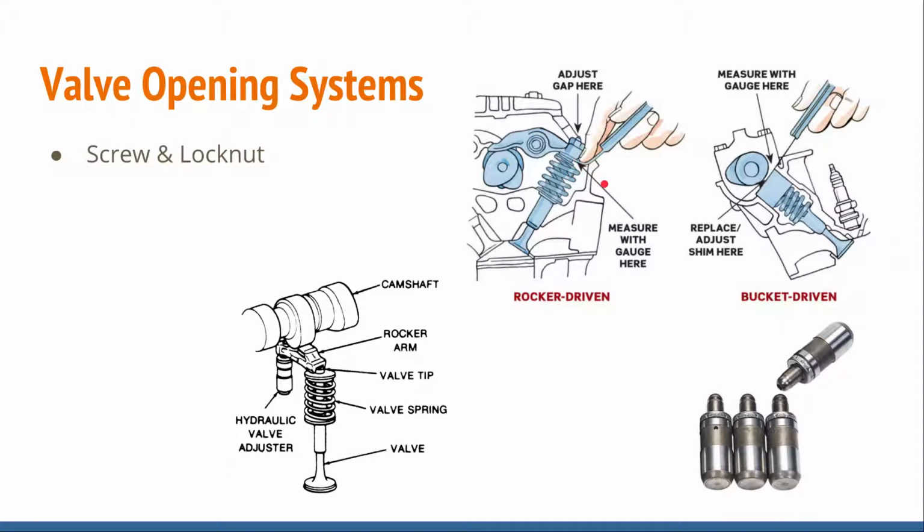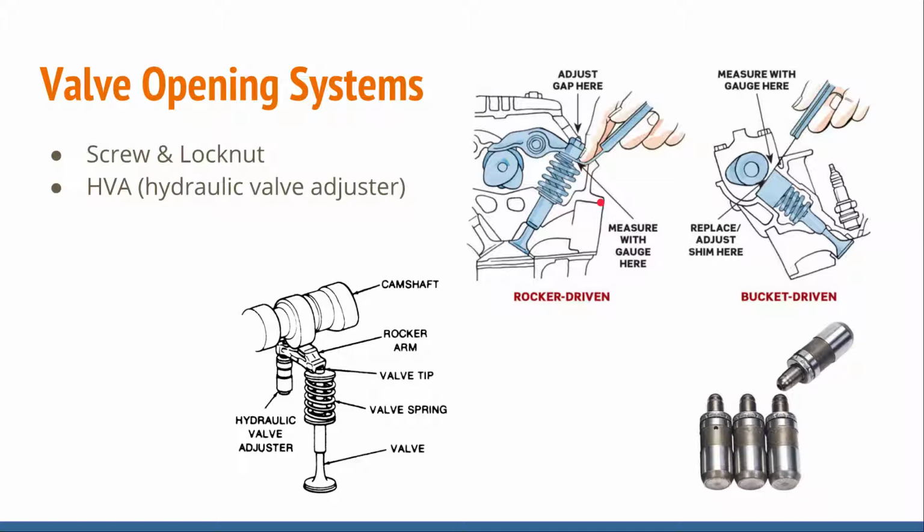When it comes to valves and valve adjustments, there's always going to be an air gap, same reason as piston rings, for heat expansion reasons. So the screw and lock nut is where we adjust the air gap of our valves, done by tightening that threaded rod and then locking it with the shaft.